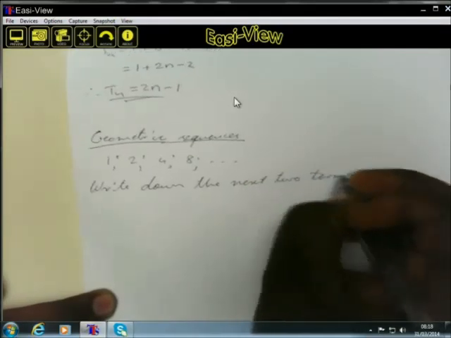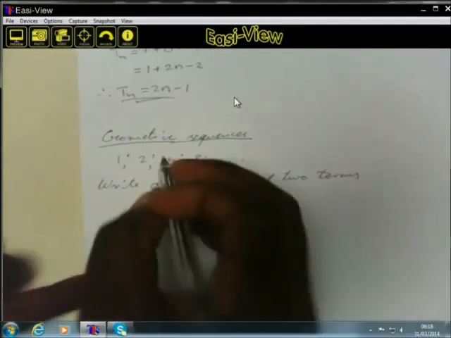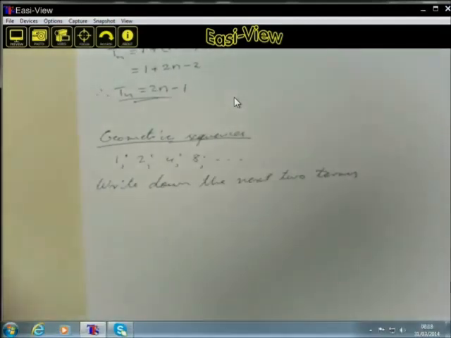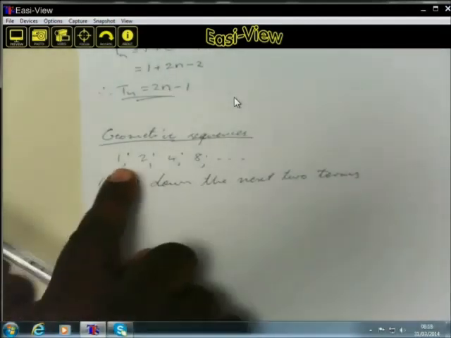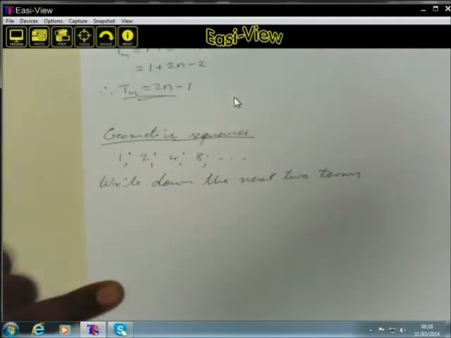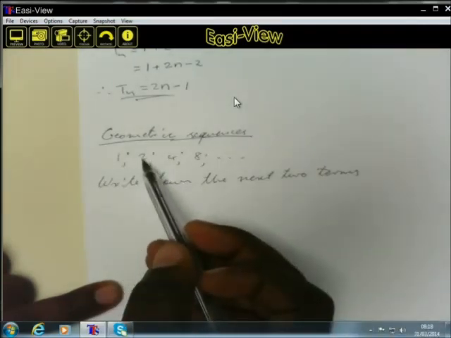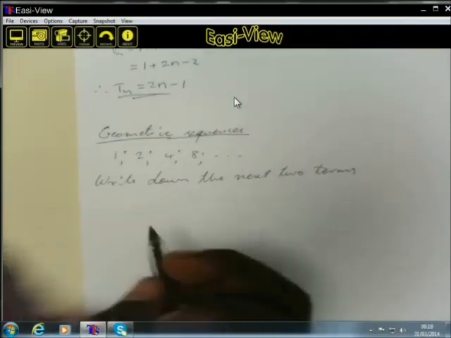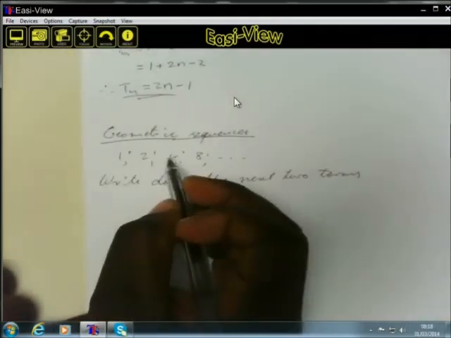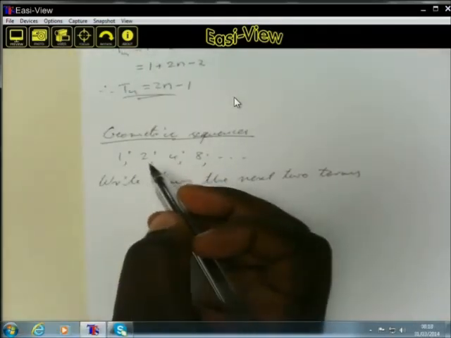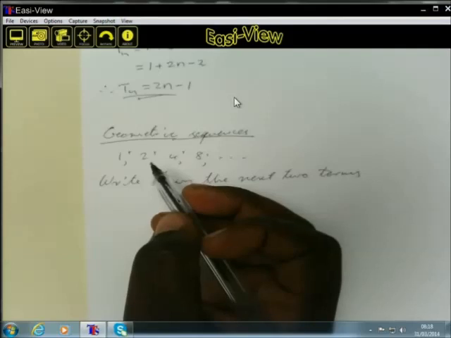Let us look at this. You are going to start first by checking if this sequence is arithmetic or geometric, but you'll get to know what geometric is right now. When you look at this, 2 minus 1 gives us 1, and then 4 minus 2 gives us 2. So the differences already are not the same.